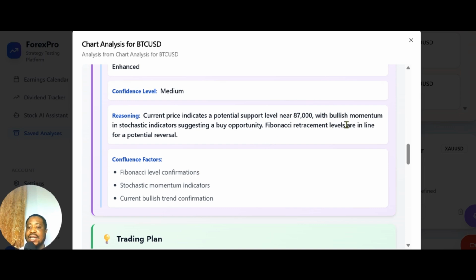Fibonacci retracement levels are in line for potential reversal. So this was the reasoning behind the bullish trade that it gave, and it gave confluence factors: Fibonacci level confirmation, stochastic momentum was also given to us as a great signal, and there was current bullish trend confirmation.